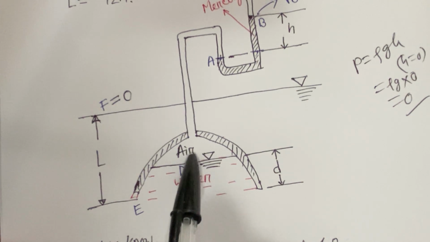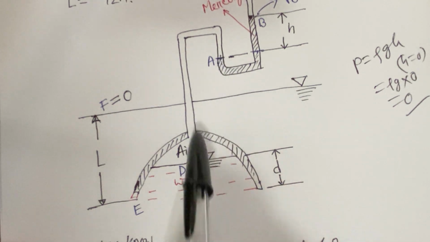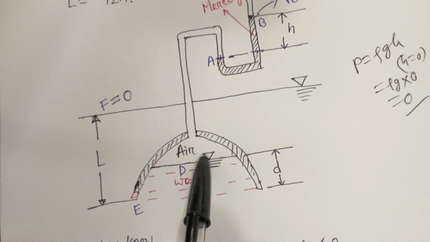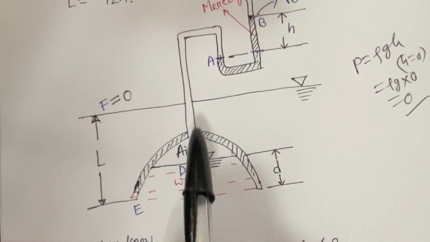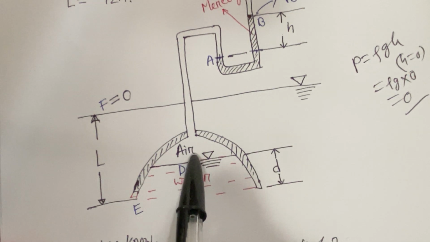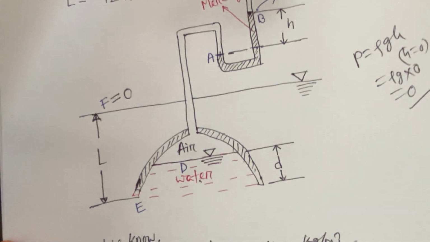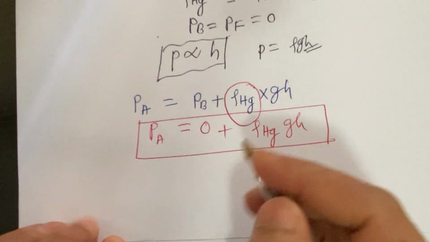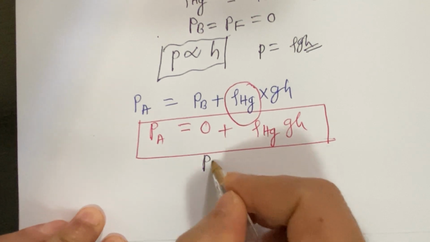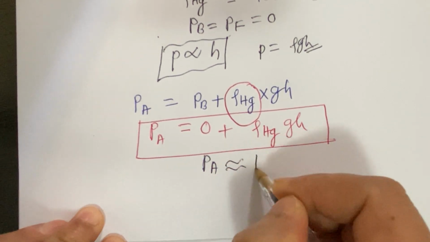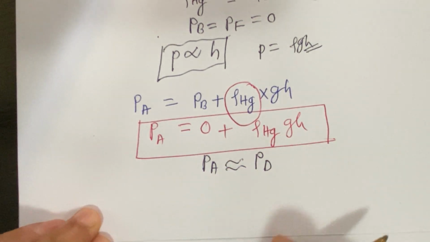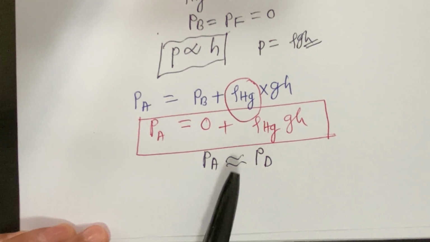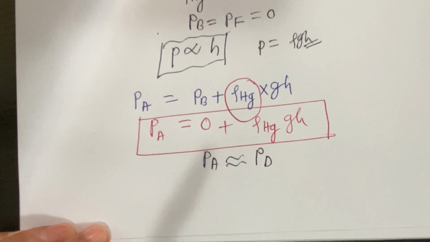I'm not saying the pressure is equal here and here, but the difference is really negligible. So you don't need to worry about this. We can't say this is equal, but we can say they are very close. So what we can say is the pressure at A is equivalent to the pressure at D.